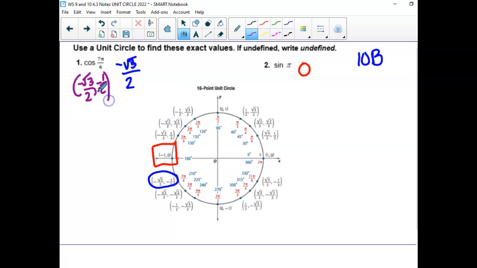So I'm going to practice having you write the ordered pair, and then cosine was the x. So this one, the ordered pair was negative 1, 0. Oops, I didn't mean to square that off. And then the sine was just 0.